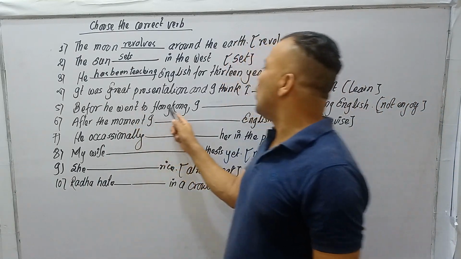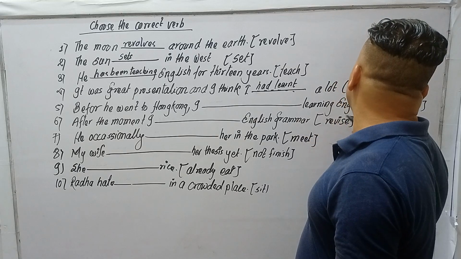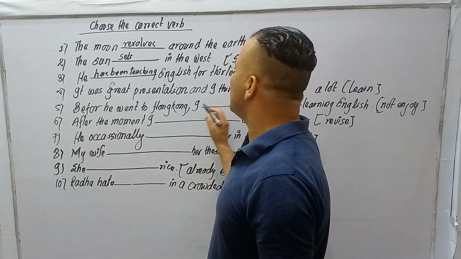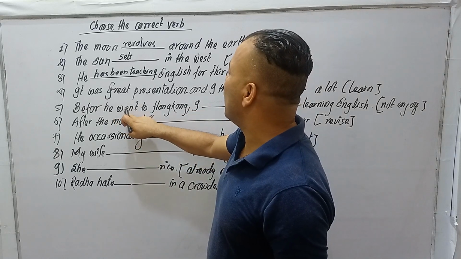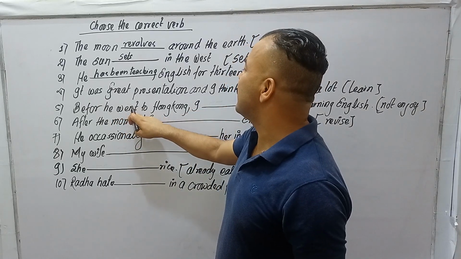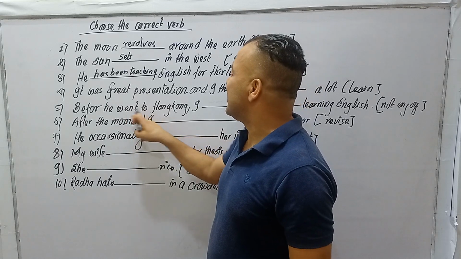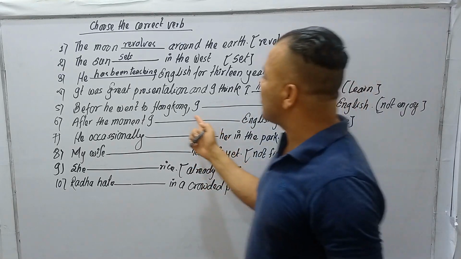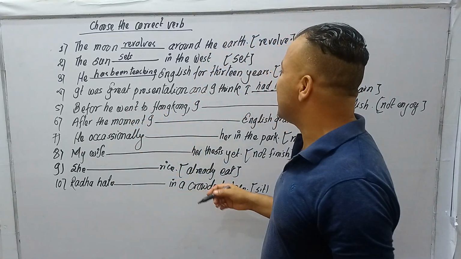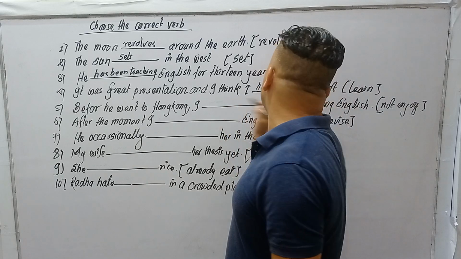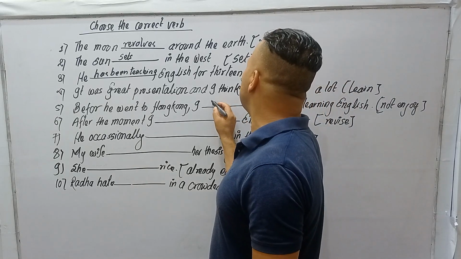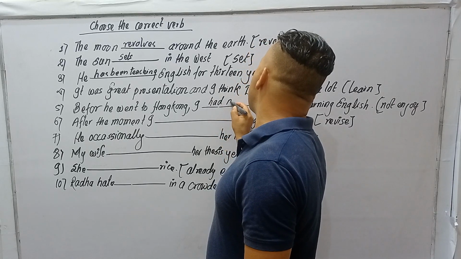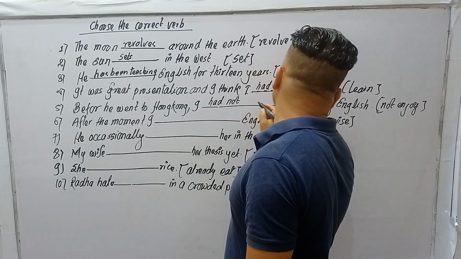Before he went to Hong Kong, I had not enjoyed learning English. Went here represents the condition before he went to Hong Kong. In this condition, we have to use perfect tense: had plus not, had not enjoyed.